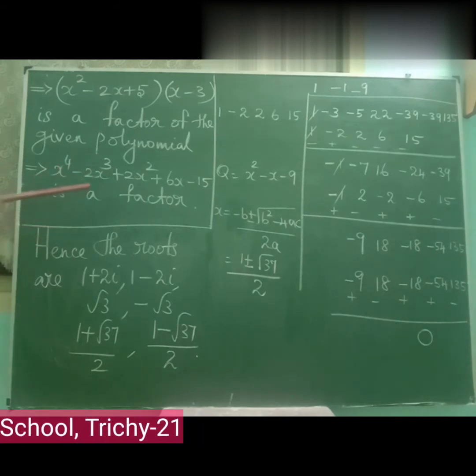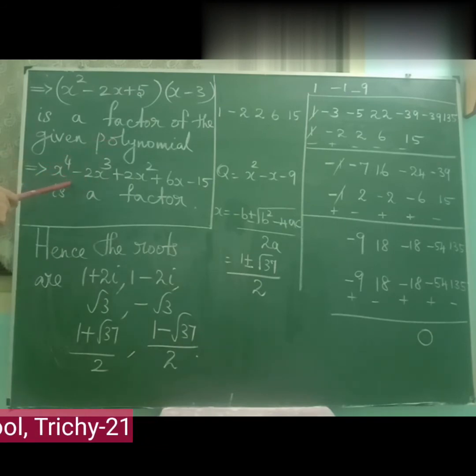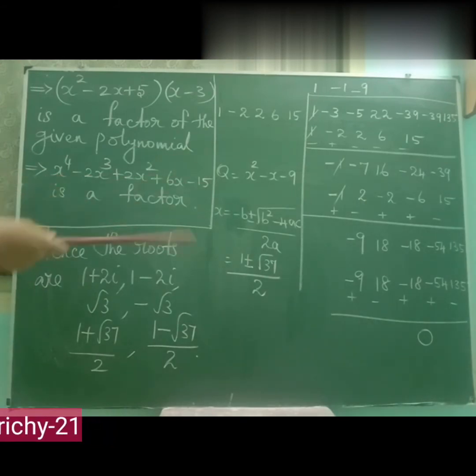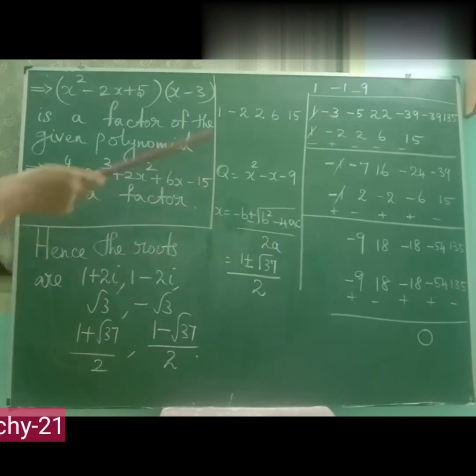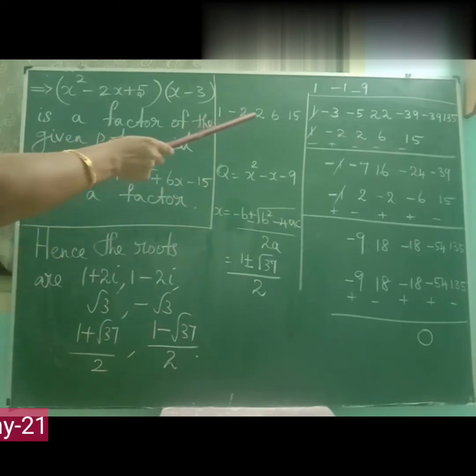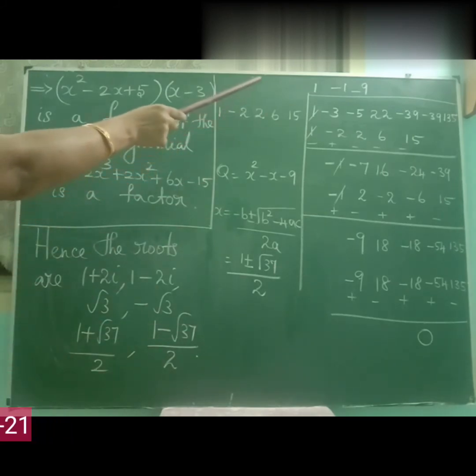To do the division, following the long division method, we take only the coefficients of the given polynomial as well as of this factor. Write only the coefficients. The first one, 1 divided by 1, the quotient is 1.